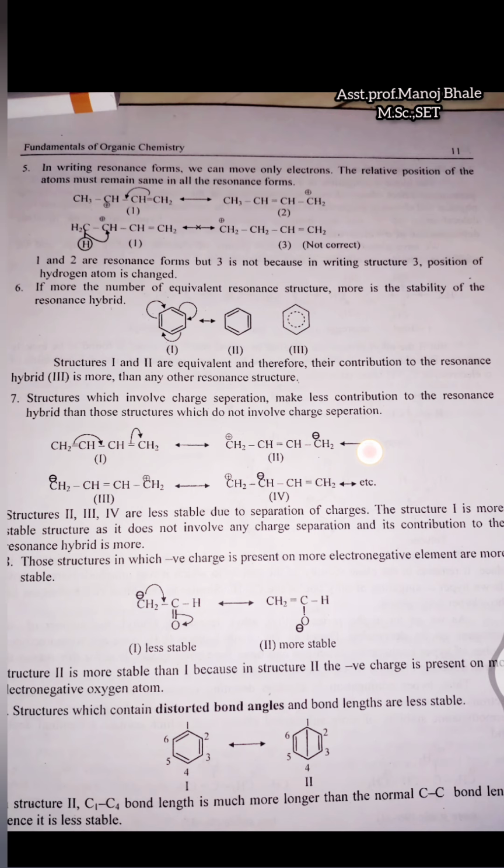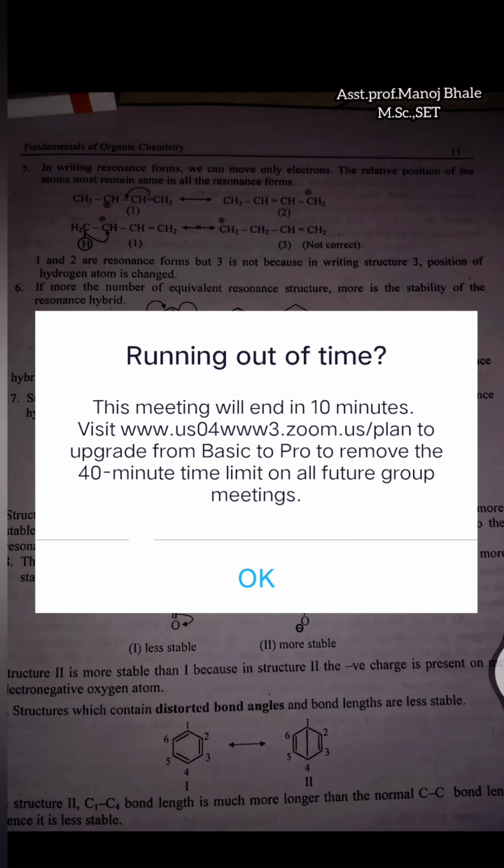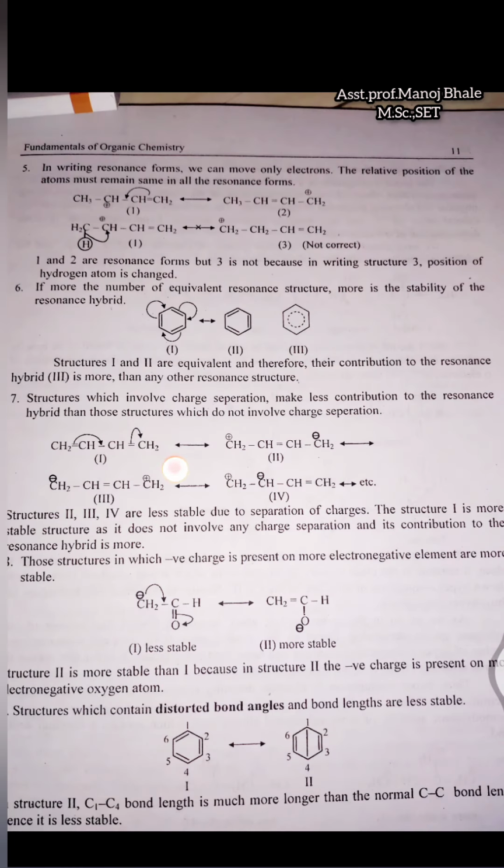So next structure you can observe there. In the next structure, what happens? This double bond which is given there, you can also write down here a negative charge and positive charge alternatively. So there is a positive charge, there is a negative charge, there is a positive charge, there is a negative charge. Both of these structures are similar structures, you can also write down there after breaking of this double bond.